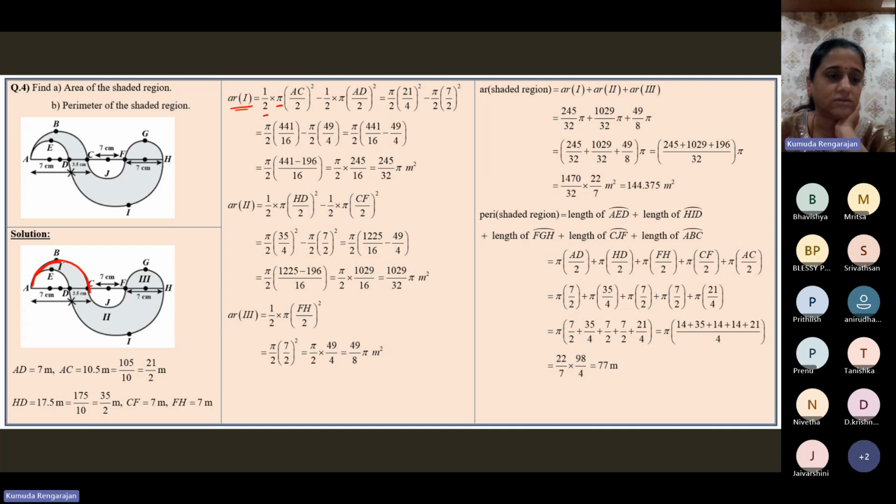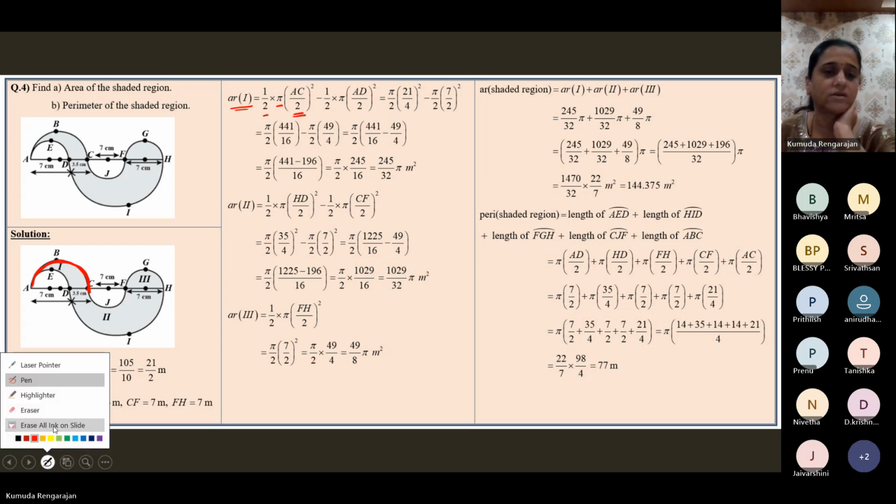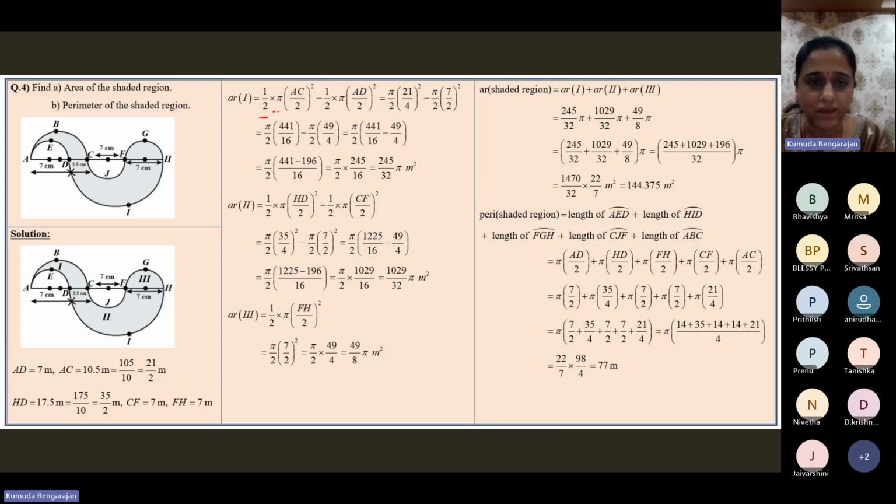What's the radius here? AC by 2. Diameter is AC, so AC by 2 is the radius. Half pi, r square, where r is AC by 2, the whole square, minus the area of this semicircle, which is also half pi r square.